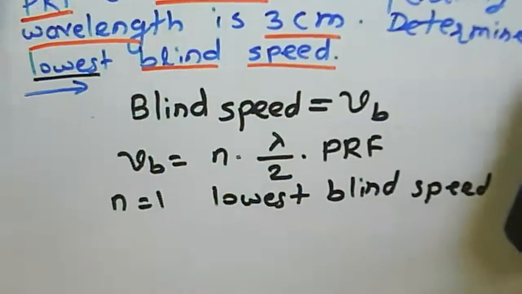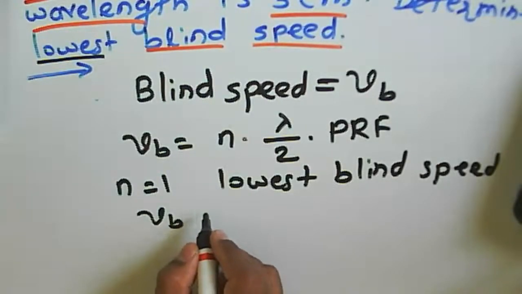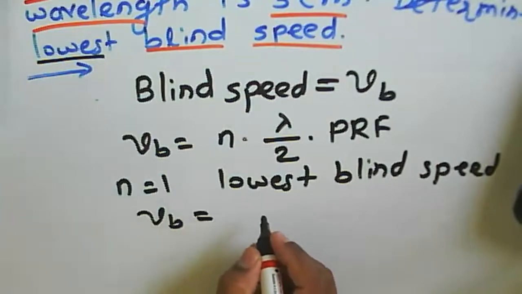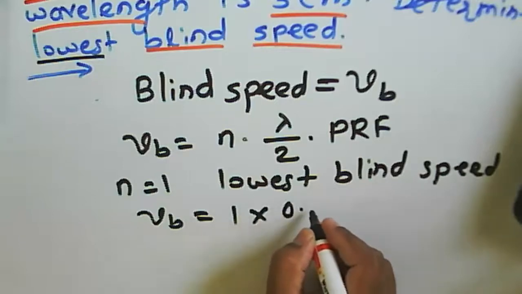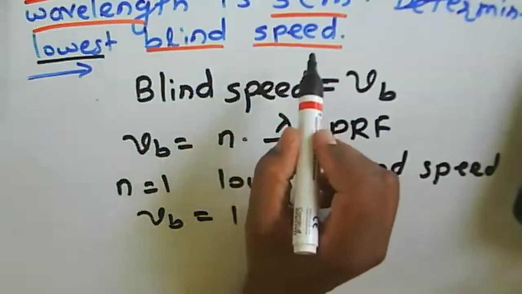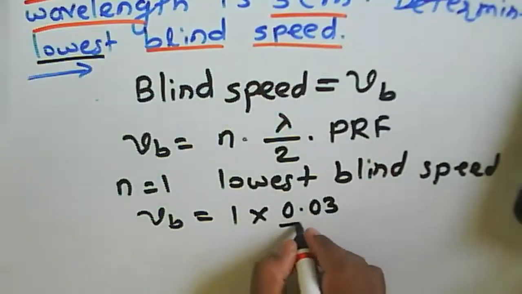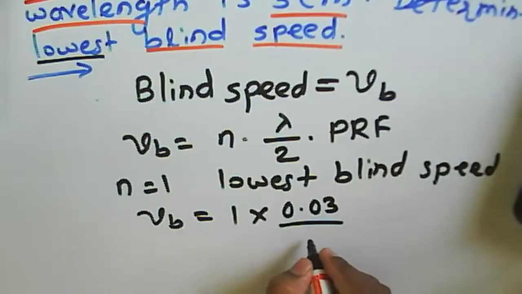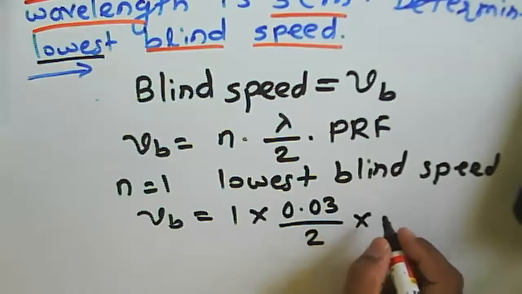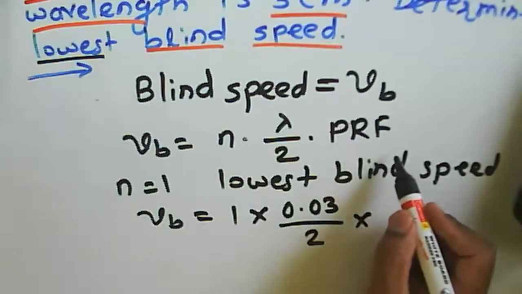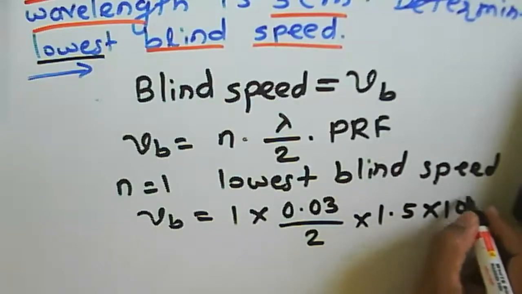So if we solve it by putting n equal to 1, we get VB equal to 1 into the wavelength of 3 centimeter, which we write as 0.03 in meters, by 2, because the velocity is in meters per second, and the pulse repetition frequency is 1.5 kilohertz.